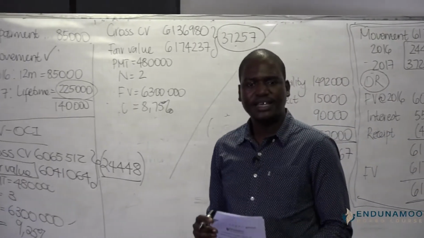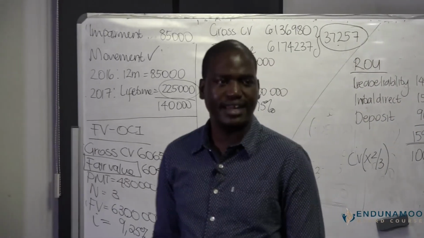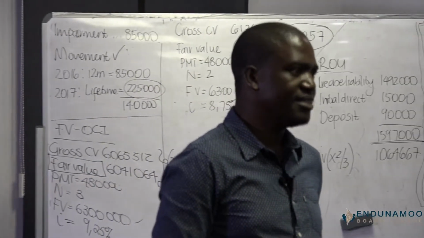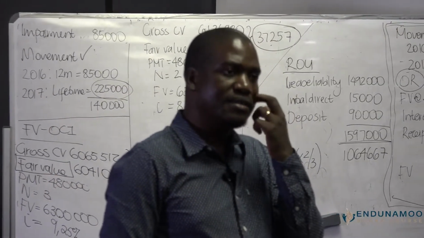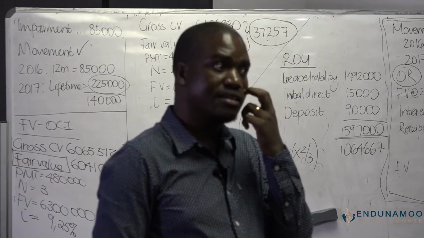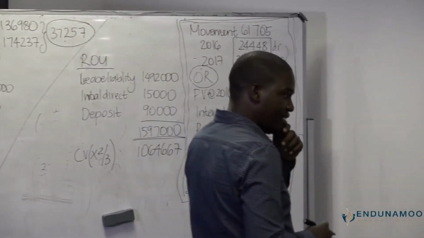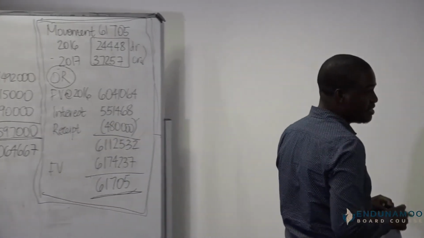Now, this changes in market-related rentals. What will it activate? So there will be a remeasurement of a lease liability. But this remeasurement, should it be done at the original discount rate or at the revised discount rate?